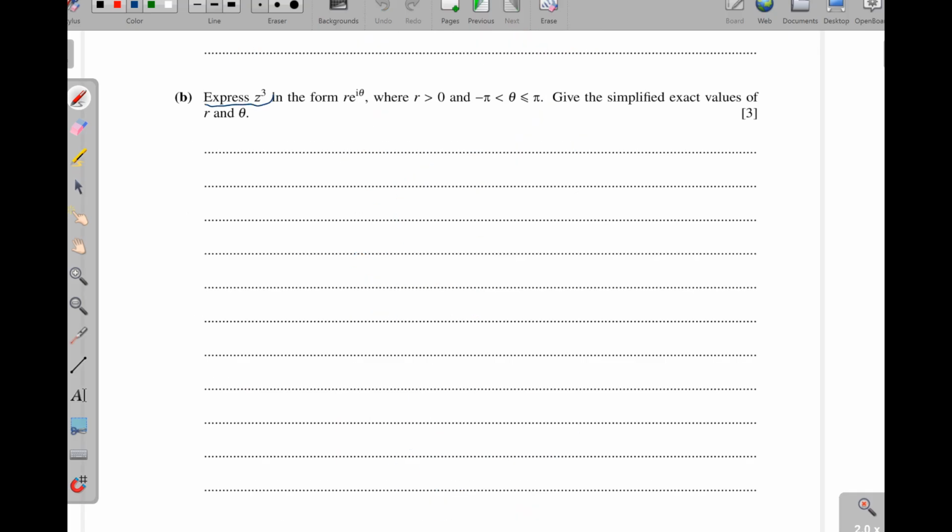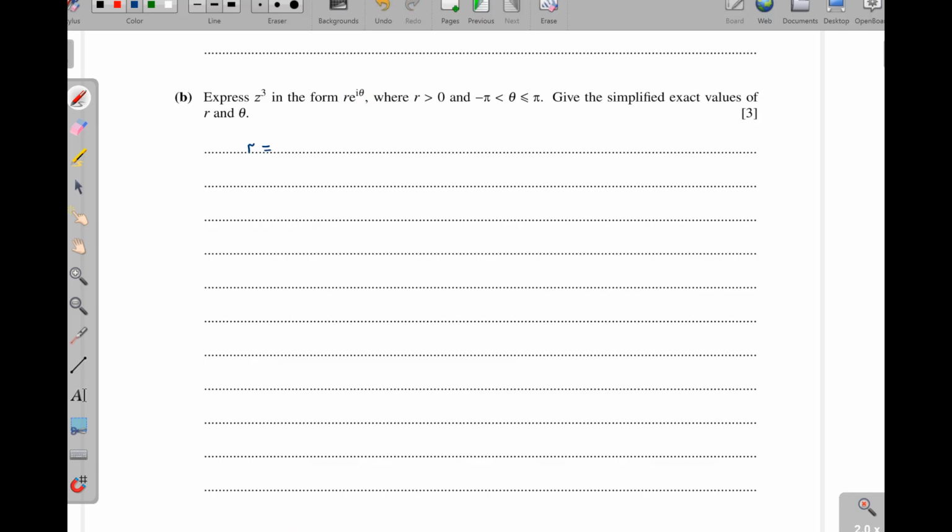Part B, express z cubed in the form r e to the power i theta, where r is greater than 0, and theta ranges from negative pi to positive pi. Give the simplified exact values of r and theta. So here we are expressing it in the exponential form.